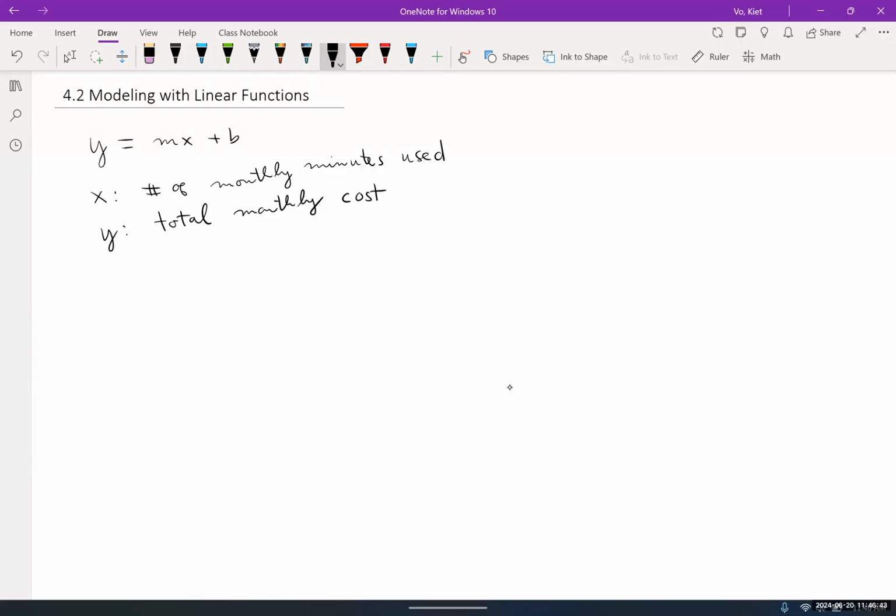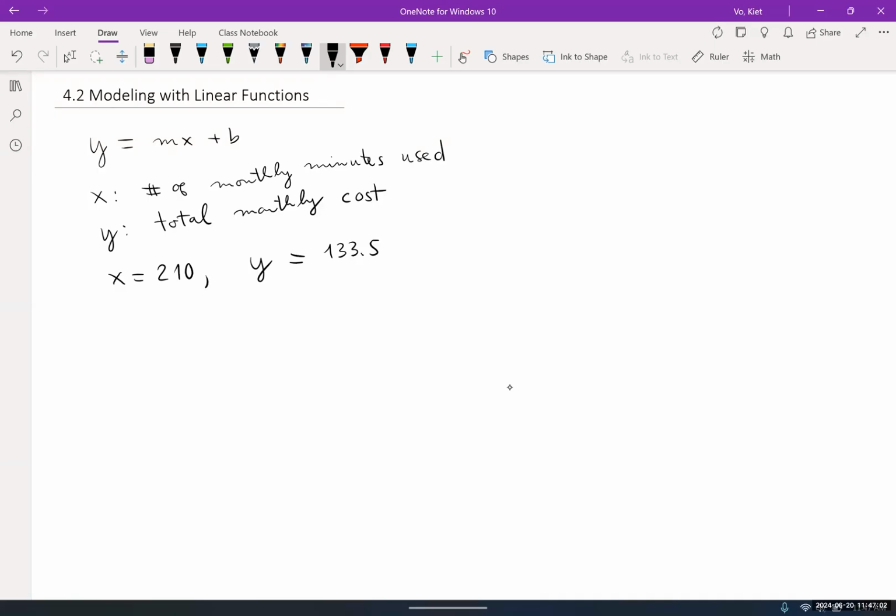By what's given to us, if the customer used 210 minutes, that means when x equal to 210, y, the monthly cost, will be $133.50.